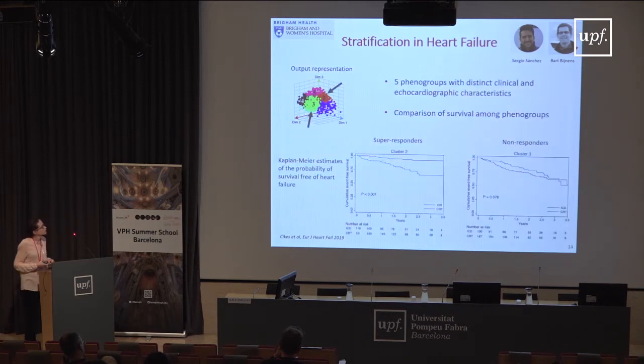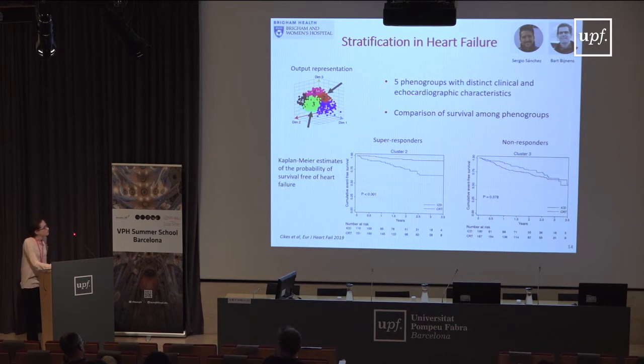So with this data set, we found 5 phenogroups that were clinically significantly different in the majority of their clinical characteristics.